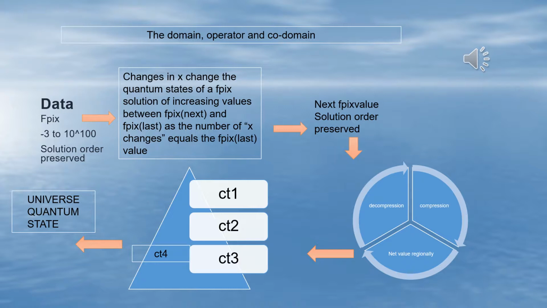The first operator shown on the slide changes the -3. Operation 1 can be summarized as generating quantum points and assigning them positive and negative values, generating the features from which gravity and anti-gravity come. From a programming standpoint, the operator would look something like this. Change x by adding 1 to x. For each change in x, generate a -3 solution and preserve that solution along with any changes that occur to that solution.